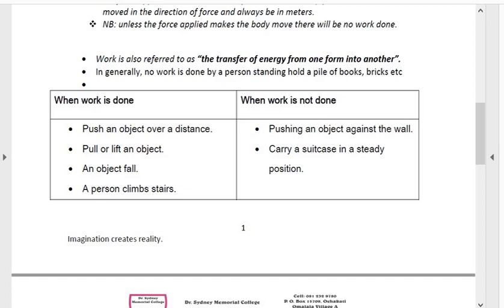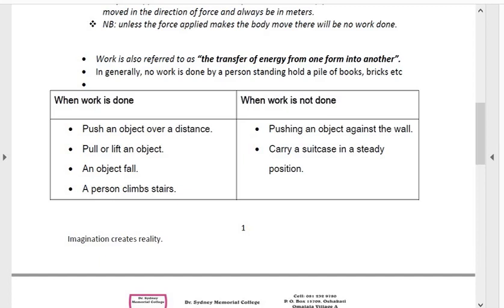We gave that example even when we were in grade 8. If I say to you, can you please carry this pile of books for me? And then I let you stand at the door, and I keep explaining something to the other learners, and you're just standing at the door holding a pile of books. After some time, you're going to say, I'm tired now, right? Why are you tired? You say, I'm doing work, I'm carrying these books.